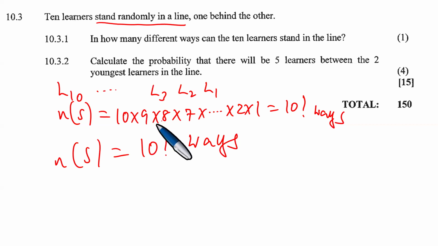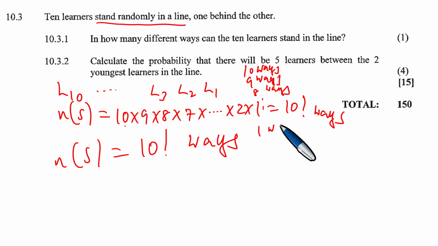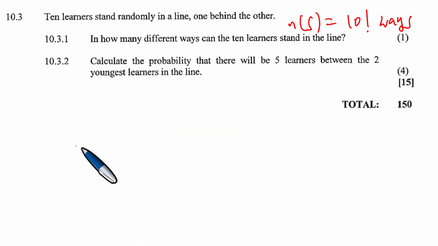The first learner can be chosen from the group of learners in 10 ways. After the first learner has been chosen, we are left with a group of 9 learners. The next learner can be chosen in 9 ways. After that, you have 8 learners in the group, and the learner can be chosen in 8 ways, until you have 1 way to choose the last learner. Okay, we continue.